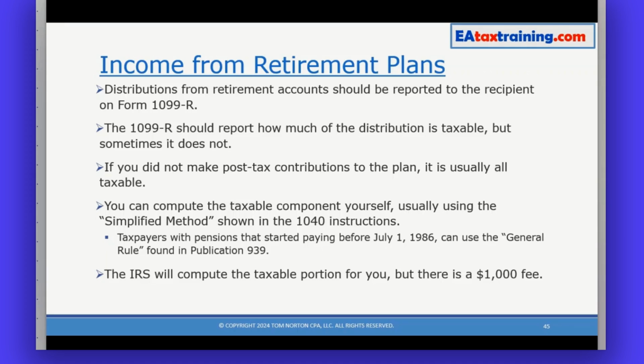If you're not sure, or you did make some non-deductible contributions and it was not reported to you on the 1099-R, you can compute the taxable component yourself. There's what's called a simplified method that people usually use, and that is in the Form 1040 instructions. So you can go to the 1040 instructions and check out that simplified method.